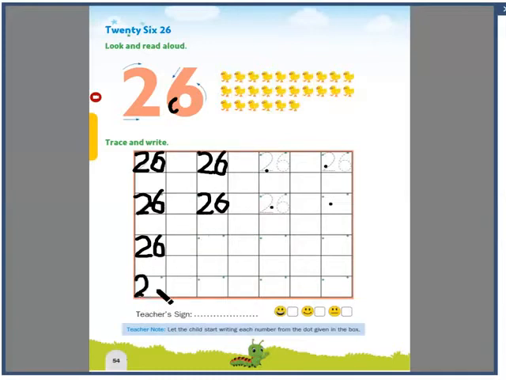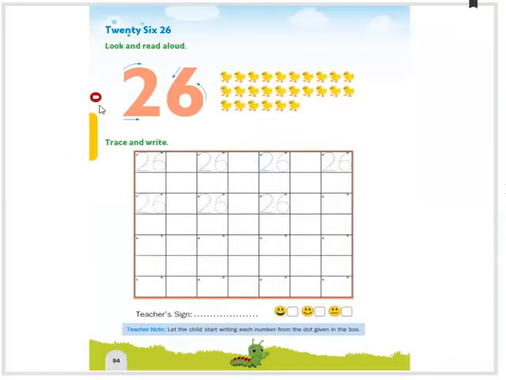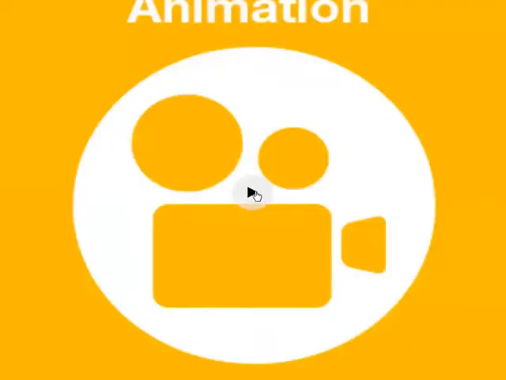Write it. 2, 6, 26. Practice, children. Wherever they have given the green dots, just write it. Don't forget to count. Here, let us see closely how to write 2, 6, 26. Trace and write.